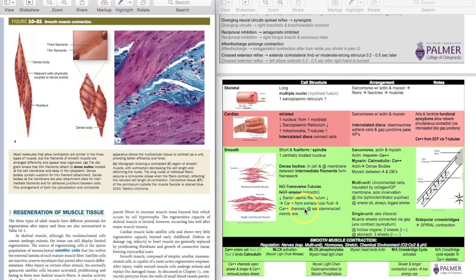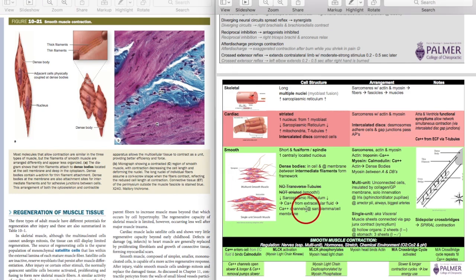So you're going to want to know those differences, because you might get a true-false question like: true or false, smooth muscle cells receive calcium for contraction via extracellular fluid through T-tubules. That's false. They don't have T-tubules. They just have these calcium channels. You have T-tubules in skeletal muscle. You have T-tubules in cardiac muscle. You do not have T-tubules in smooth muscle. So make sure you know that.